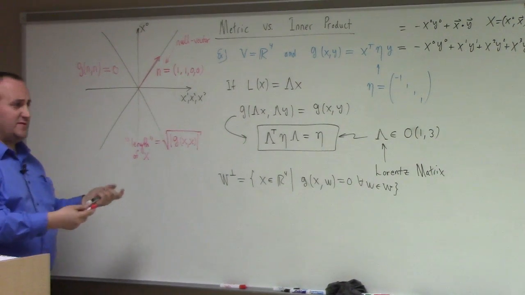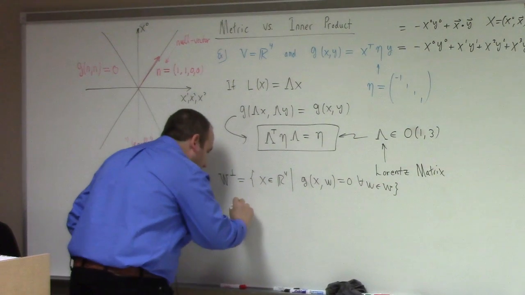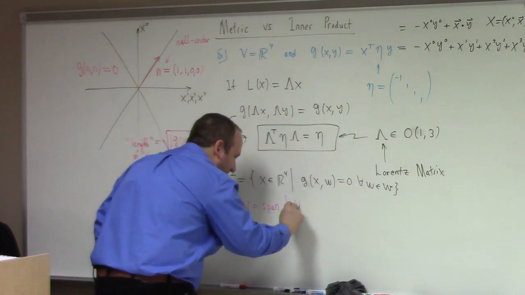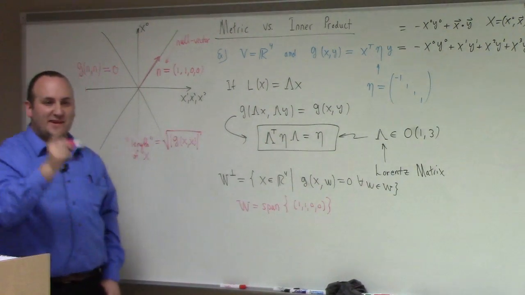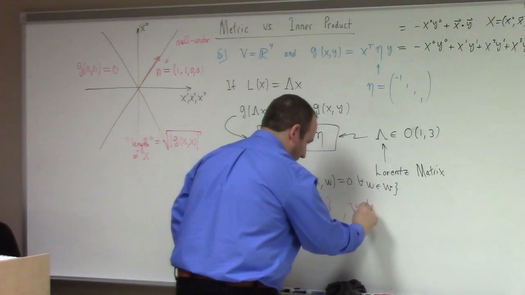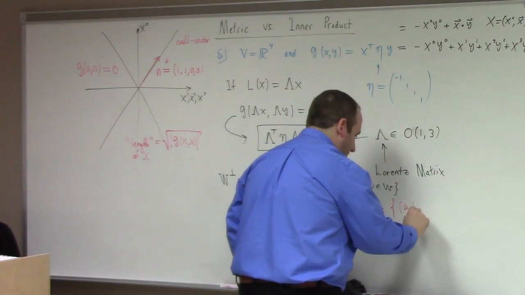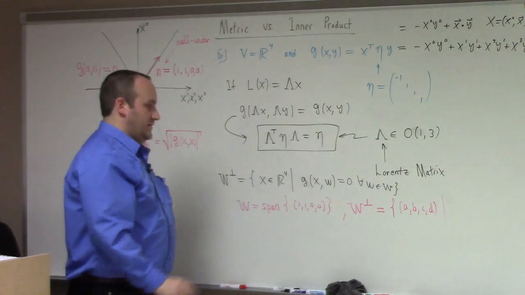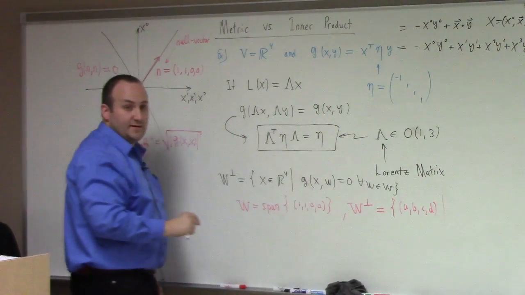Okay, so what's the problem with null vectors? I'm saying form W by the span of 1, 1, 0, 0. What's W perp? You guys calculate it for me. We're looking for A, B, C, D such that this vector, Minkowski product with that, is 0. What does that give you?